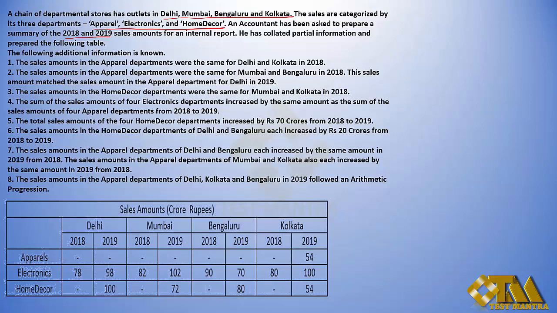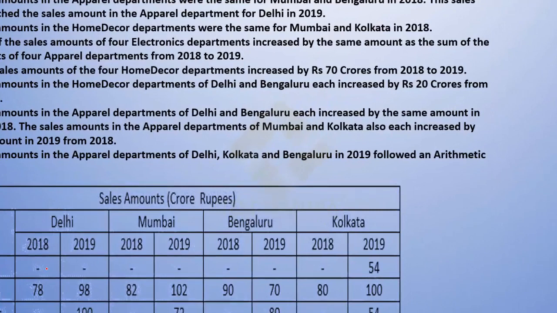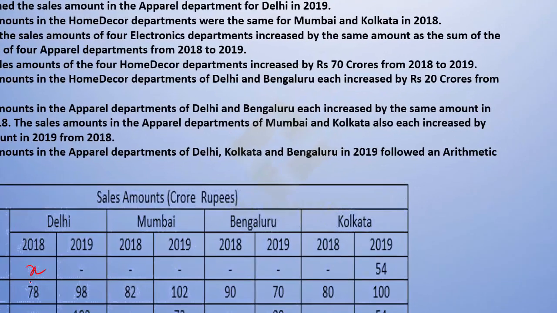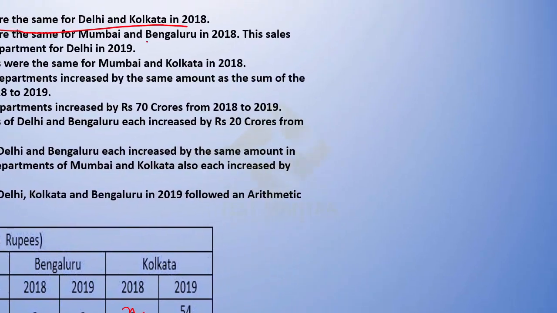So let's see, the sale amount in the apparel department were the same for Delhi and Kolkata in 2018. I cannot do anything, but I can at least mark this part here. So assuming Delhi and Kolkata, let's consider the values are X and X. The sale amount of the apparel department were the same for Mumbai and Bangalore in 2018.